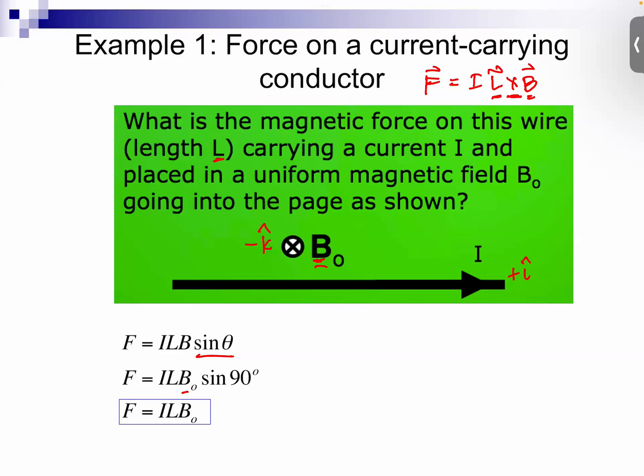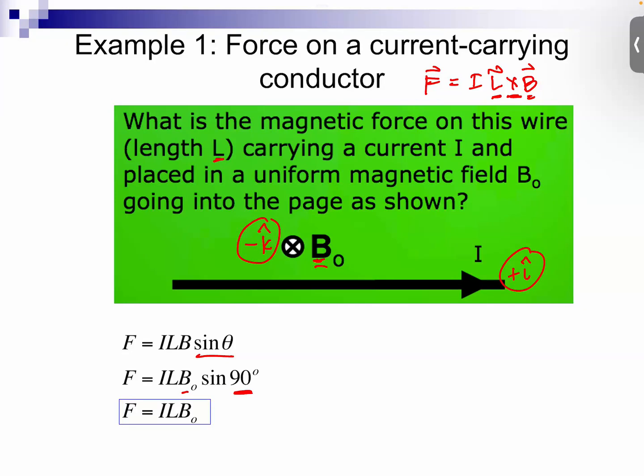So that's the angle between the direction of the current, plus I hat, and the direction of the magnetic field vector, minus K hat. Those two vectors are perpendicular to each other, so the angle is 90 degrees. Essentially the magnitude is ILB.